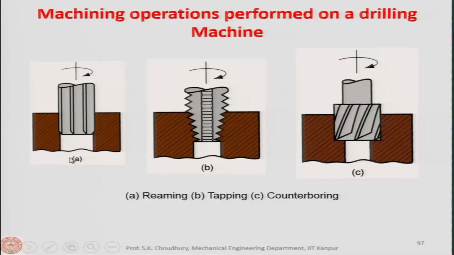It was told that after the drilling operation, the quality of the drilled hole has to be made better. In that case we have to ream, so that the surface finish of the already drilled hole can be enhanced, and if we have to cut an internal thread, then we use tapping. As shown in this slide, here is the reamer.